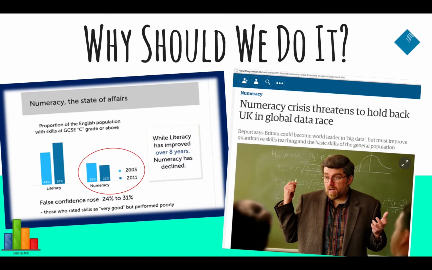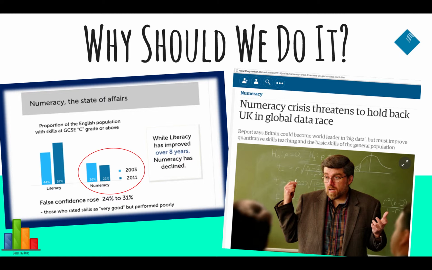But at the moment, the UK is actually reportedly the only country where the previous generation is more numerate than the current one. So standards have been in decline, and many people are understandably recommending that we reverse this trend. In FE, of course, as FE lecturers, we're on the front line for enabling this to happen, and that's why the government want to address it by encouraging a national collective approach in schools and colleges, and not just by maths and science teachers, but by every teacher.